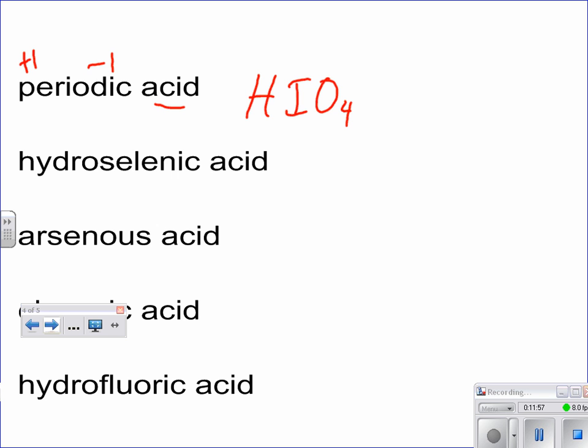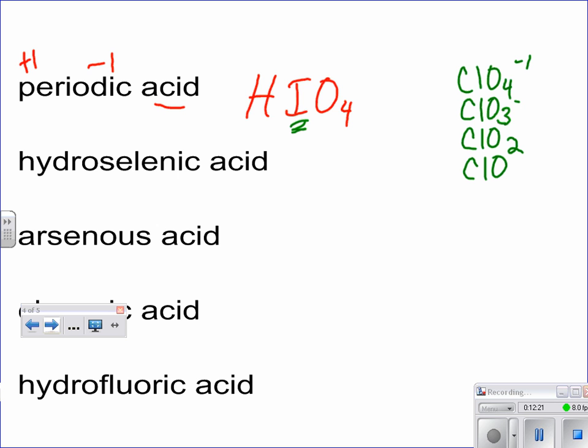Which, this is maybe as good a time as any to mention this. I'm just going to make a little aside over here. Really, it could be any halogen. I'll do this with chlorines. You can have perchlorate, chlorate, chlorite, or hypochlorite.